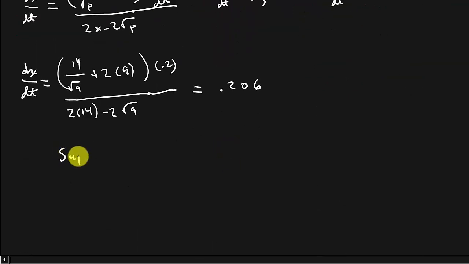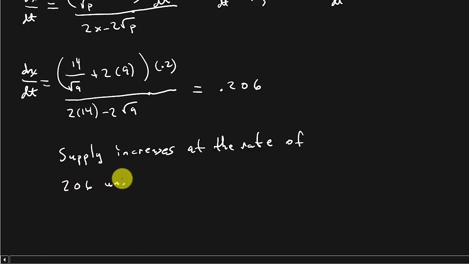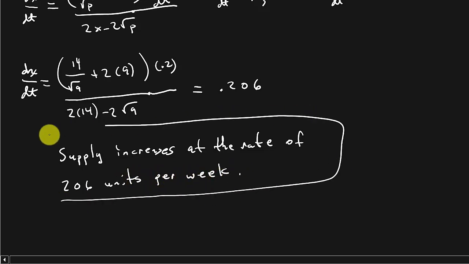So it says the supply increases at the rate of 206 units per week. And there you go. There you have it. That's your dx/dt. Remember, that's in thousands. So we have to move the decimal 3 places to the right.